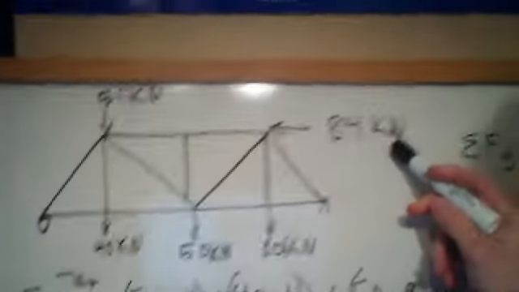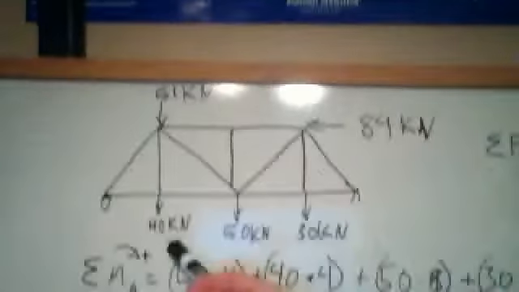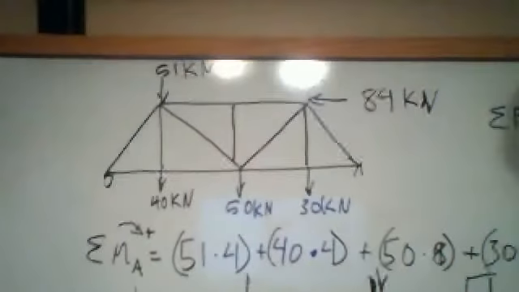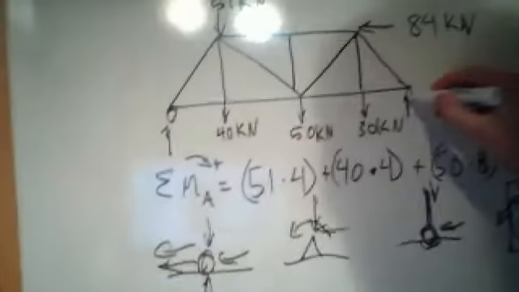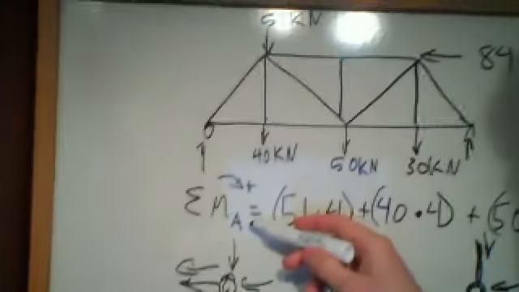But that is. So you've got your 84 kilonewtons to the right, 51 down, 40 down, 50, 30, all with your force up and your force up right there. So the first thing I started out with was the net moment MA.